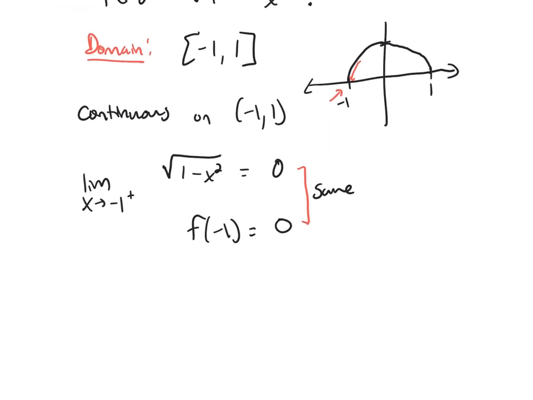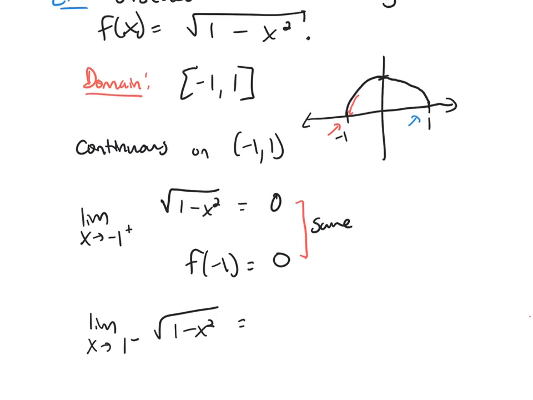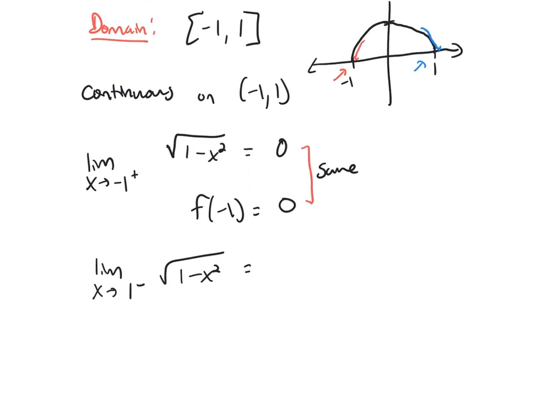And now we're going to look at our other endpoint, the limit as x goes to 1 from the left. So look at my graph as I approach 1 from the left. My y values are getting closer and closer to 0.